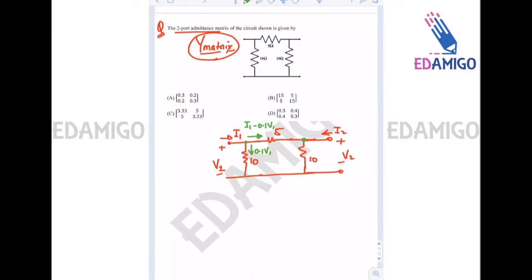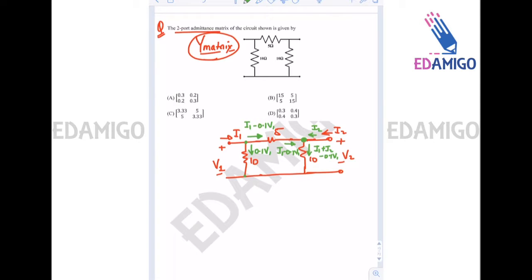Now since the current at this node, here it is I2 and here it is I1 minus 0.1 V1, so the current in this branch will be I1 plus I2 minus 0.1 V1.